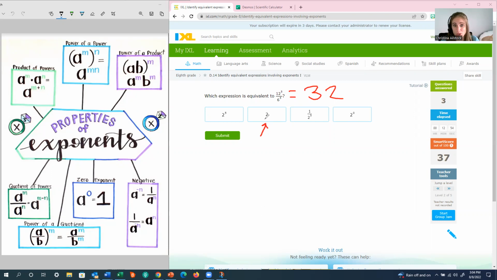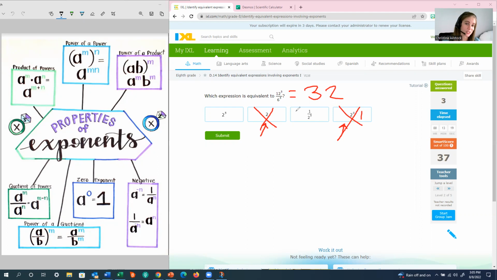That only has an exponent of 1. It's not going to change anything. So that's not it. Then the next thing my eye goes to is this last one, 2 to the 0. What is anything to the 0 power? 1. So that's equivalent to 1, which is definitely not 32. That means we only have two to look at. One's a fraction and one's not.